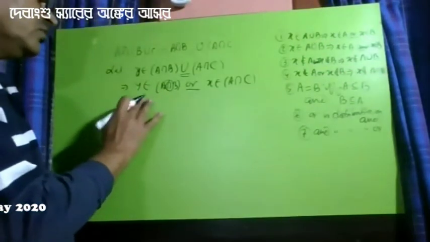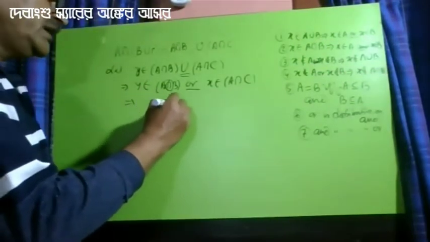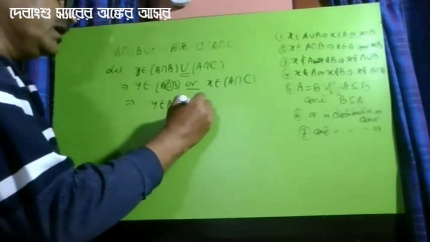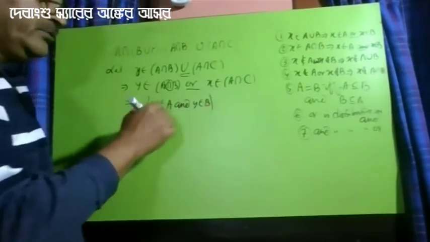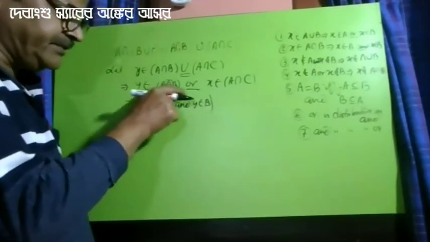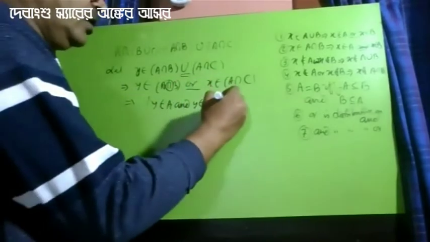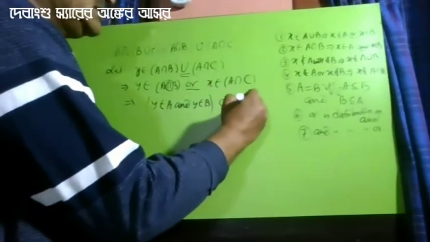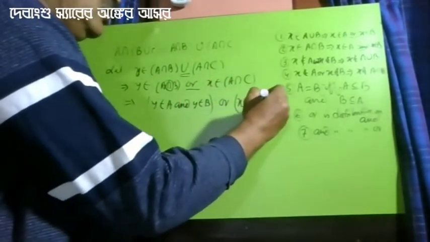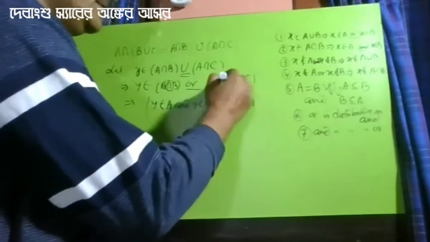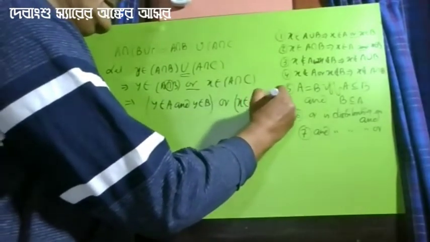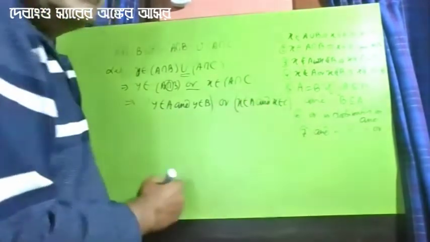So Y belongs to A and Y belongs to B, within bracket because I am deriving this from this, or Y belongs to A and Y belongs to C.